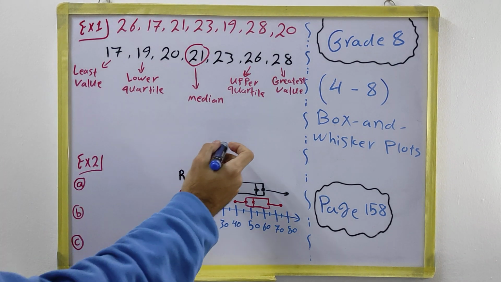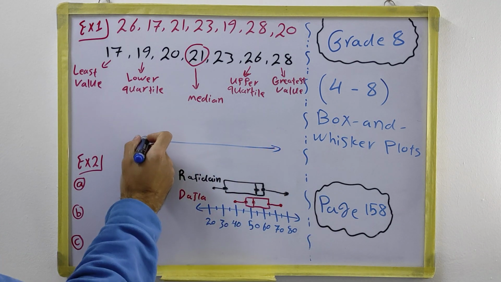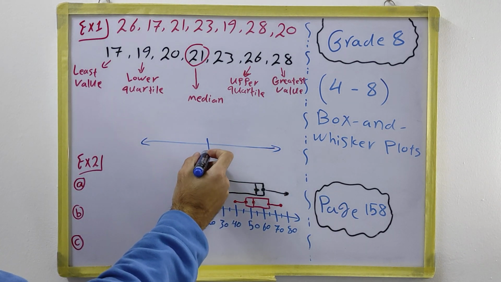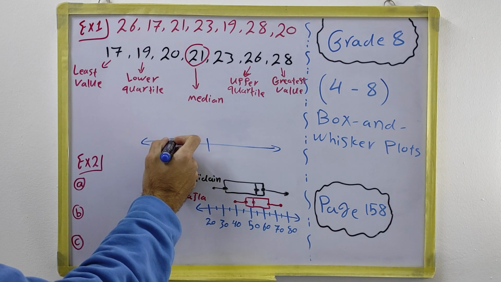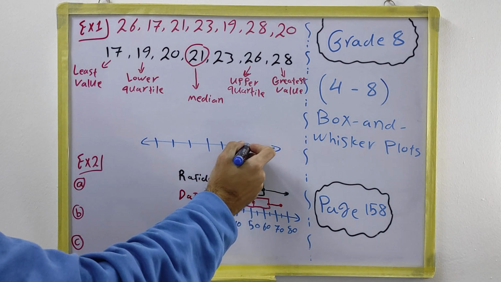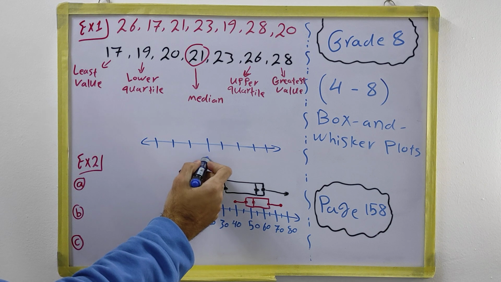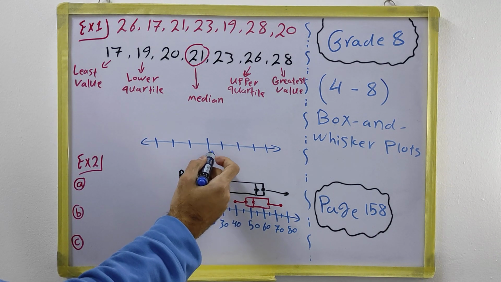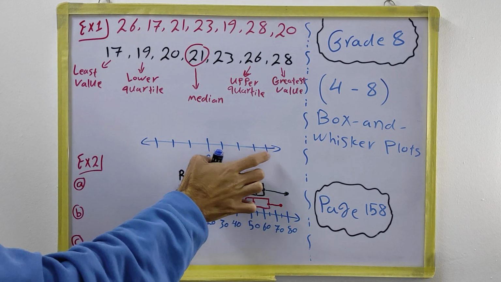Let's do it. We can say 20, 22, 24, 26, 28.